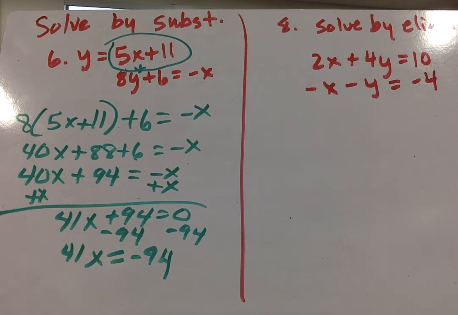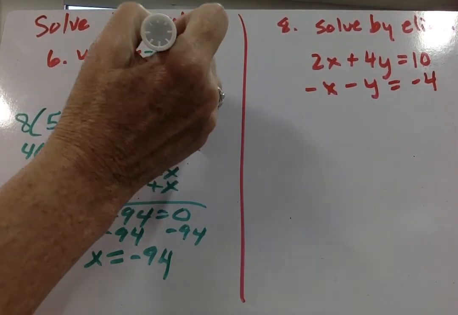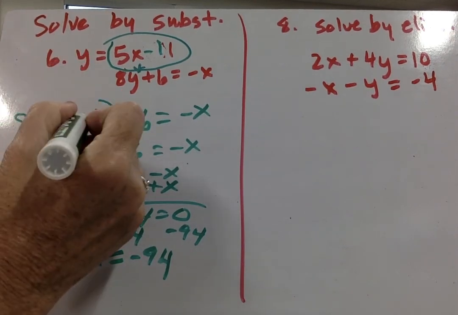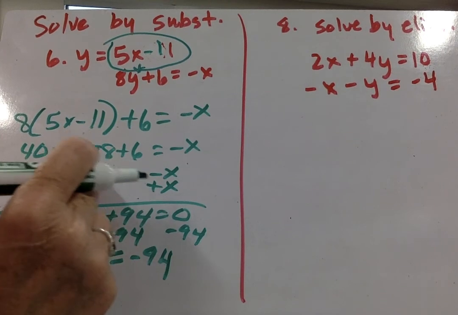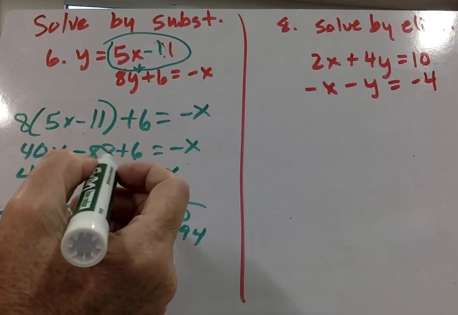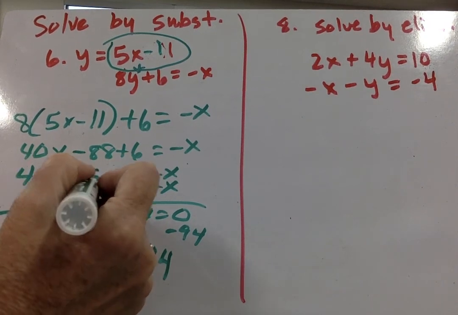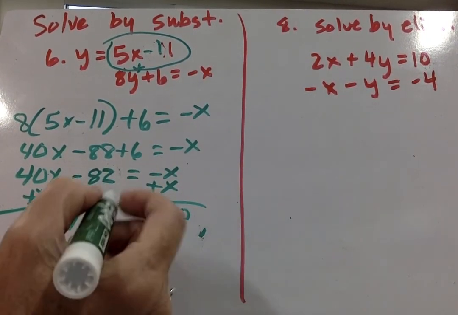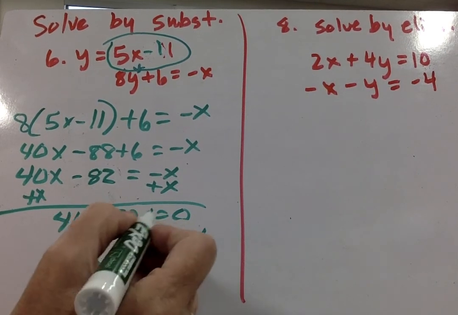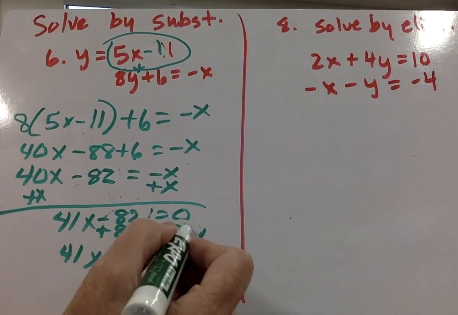Oh, y is supposed to equal 5x minus 11. So I made a mistake here. So this should be 82. So I'm going to add 82, add 82.